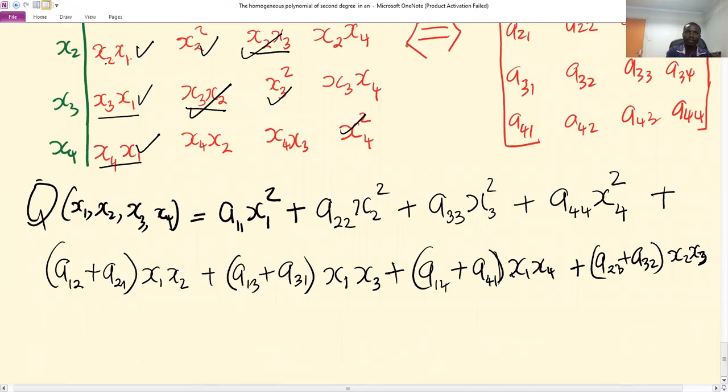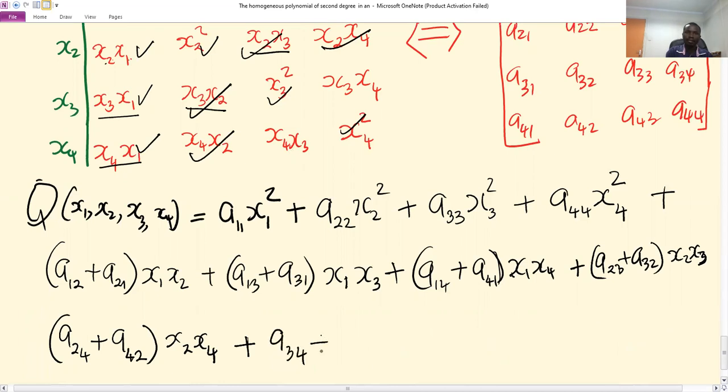Let's go to x2 x4. So we'll have A24 plus A42. You multiply by x2 x4. So this one and this one taken care of. And lastly, this one will have A34 plus A43.